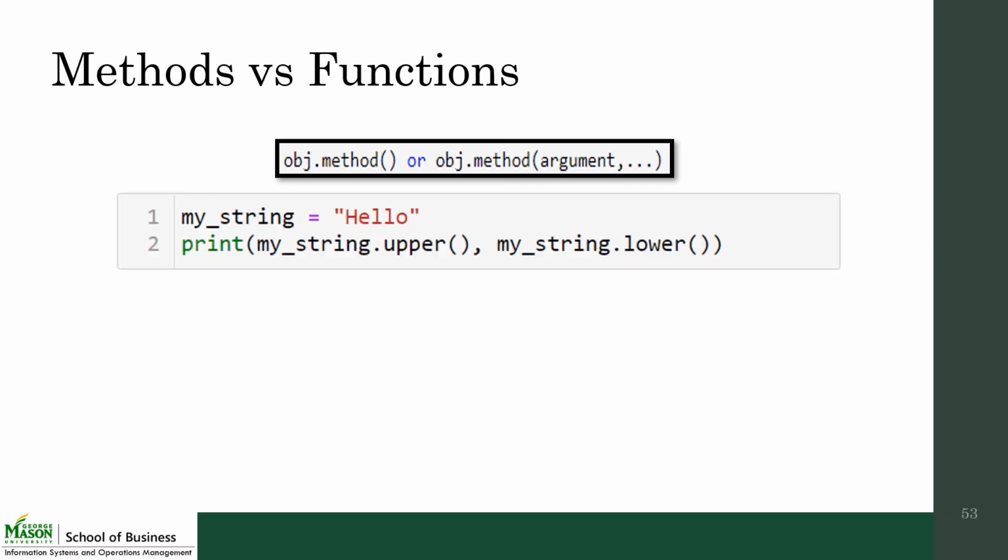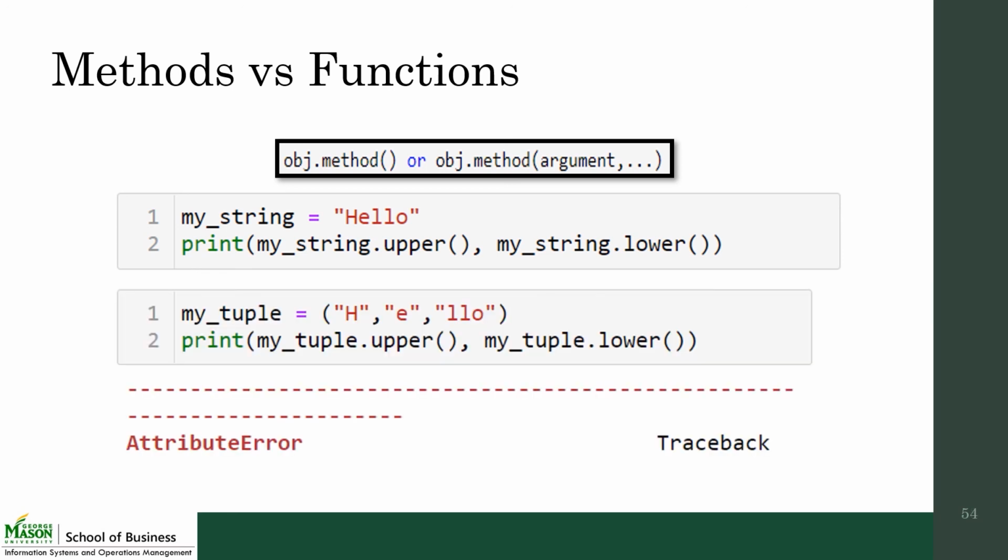For example, the .lower or .upper method is a function specific to string data types. A variable containing a string can use these methods, but a variable containing a tuple cannot.